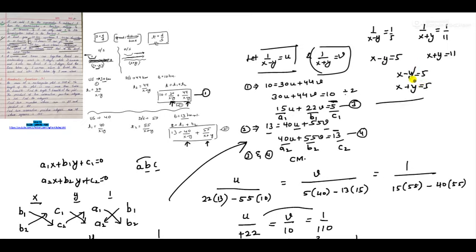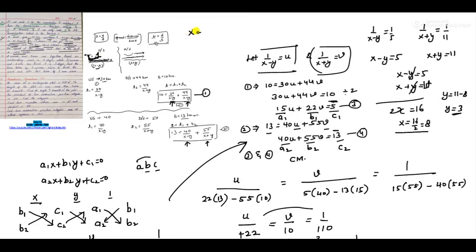So let me do it for you. You'll get 2x is equal to 16, 11 plus 5 is 16. X is 16 by 2, which is 8. Now y will be how much? 11 minus 8, that is 3. Okay, so what is x? X was the speed of the boat. I had mentioned here, you can see.